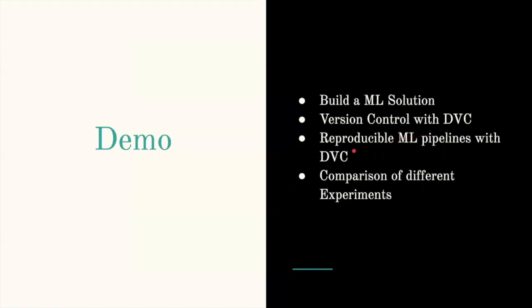When you compare multiple experiments, you can go to different experiments, reproduce the same, and fine tune certain parameters. There is also a platform called DAGsHub where you can visualize multiple experiments and compare the results. So I'll get on to the demo. If there are any questions, let me know.